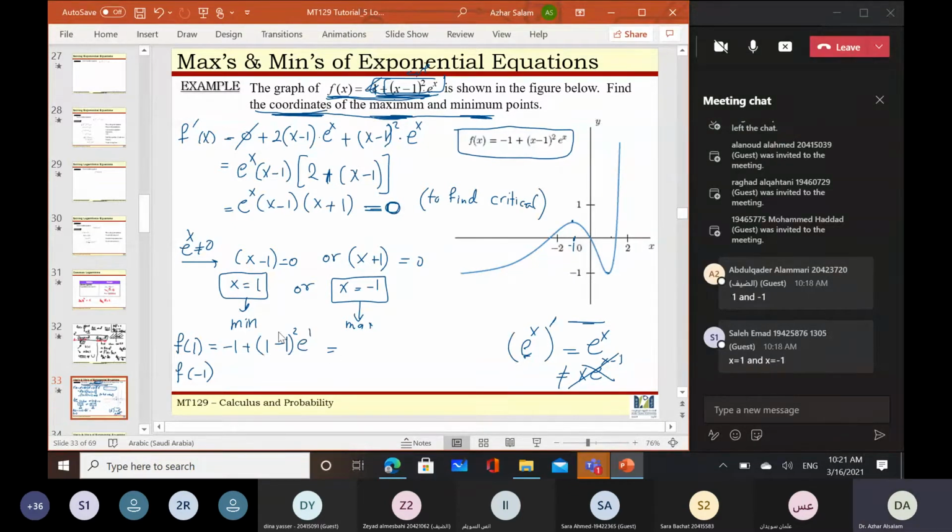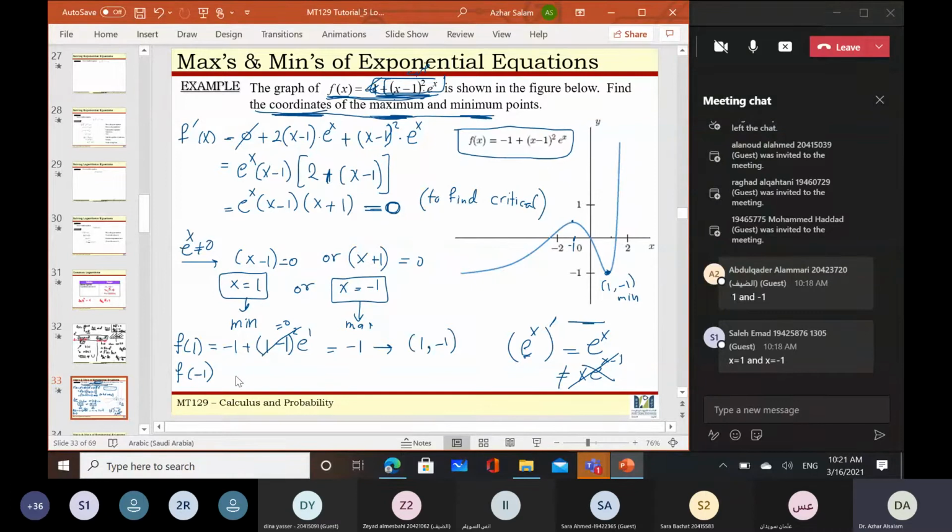This is 0, so all of this part is 0. It's equal to minus 1. So the point is 1 and minus 1, and this is exactly this point. This is 1 and minus 1, which is the minimum.